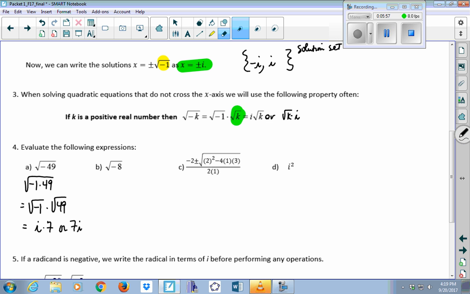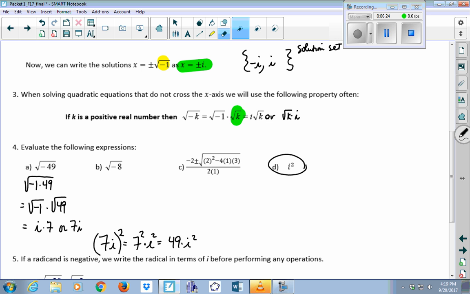Okay, so let me show you how you would check this. You can check the answer to any square root problem by squaring your answer. So if you were asked to square 7i, you would get 7 squared times i squared, which is 49 times i squared. Oops, we haven't defined what i squared is yet. So let's go over to the side and see what that would be.